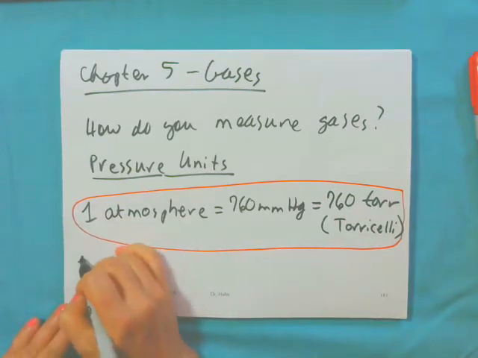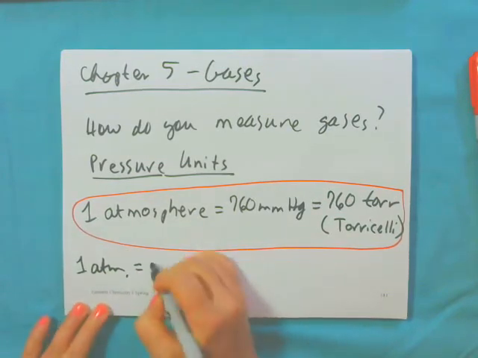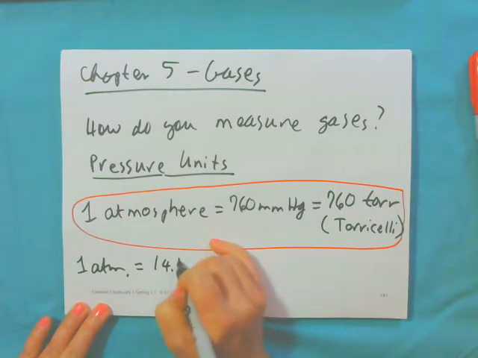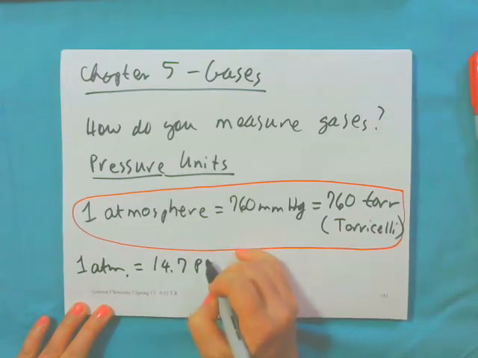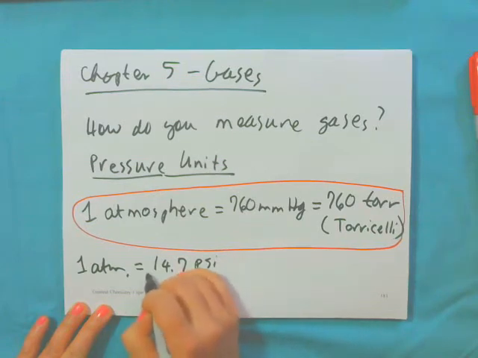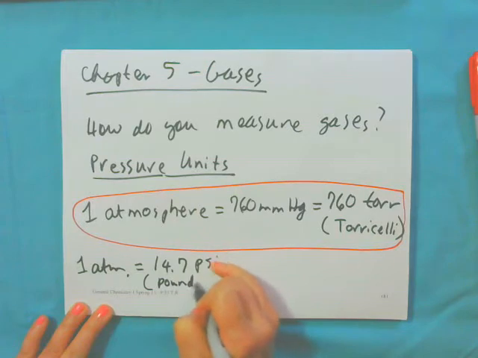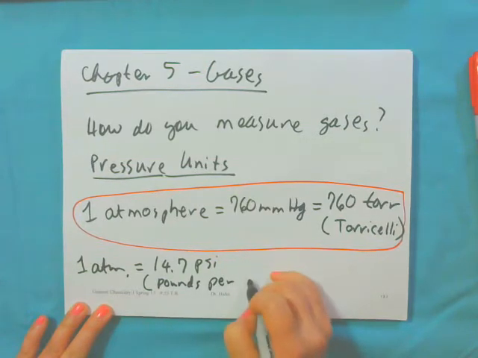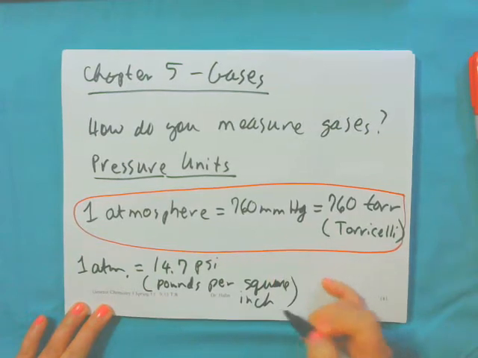This is not the only units of pressure that one can run into, so we also have PSI. So 1 atmosphere is equal to 14.7 PSI, where PSI stands for pounds per square inch.